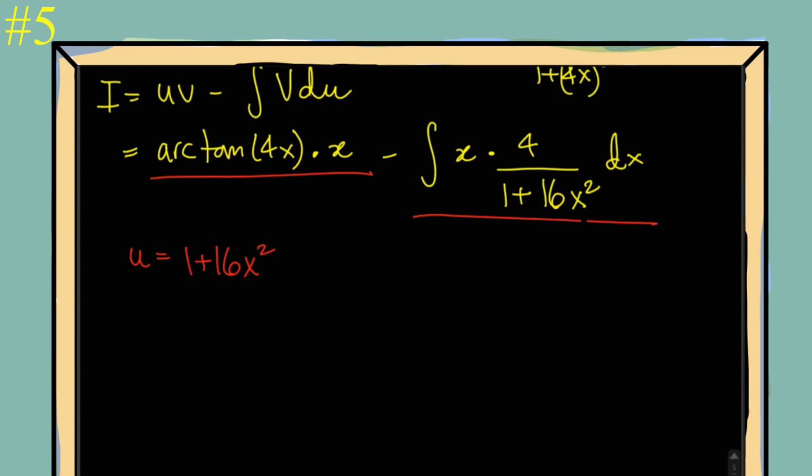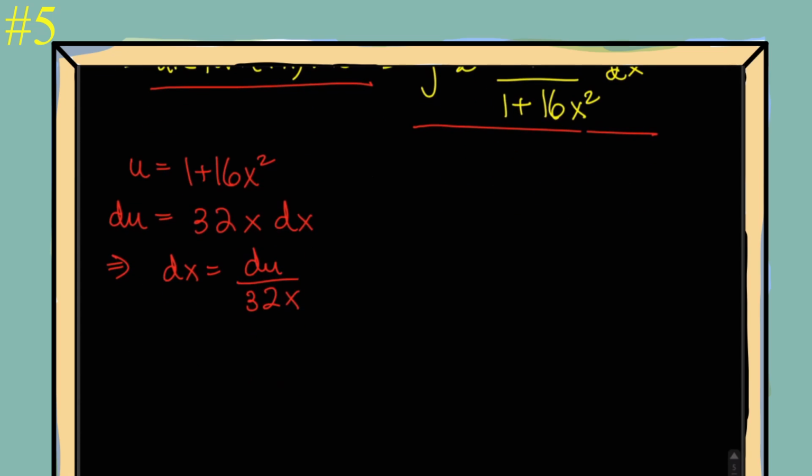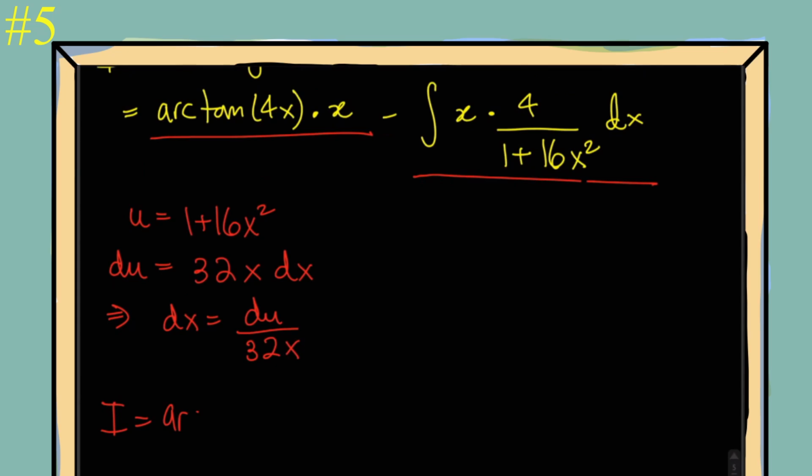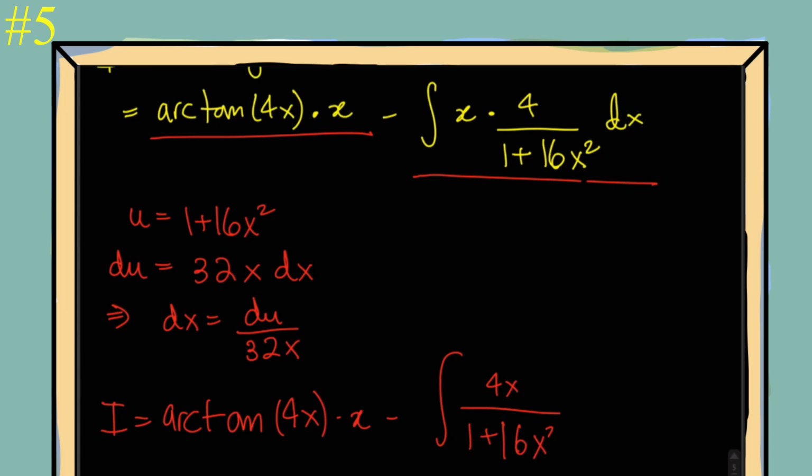It's not the same u, we're just doing a substitution now, and du is going to be 32x dx, which means that dx can be substituted by du divided by 32x. So that means that we can write our integral I being equal to arctan of 4x times x minus 4x over 1 plus 16x squared dx.